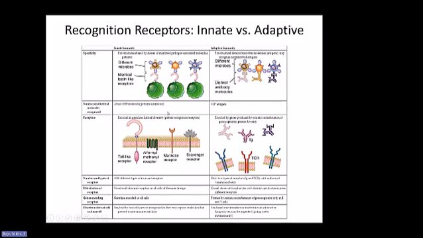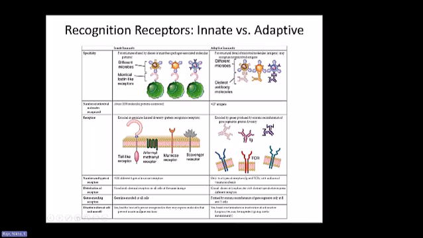So there is a limited number of molecules that can be recognized by the innate immune system, molecular patterns or structures, compared to the antigens that can be recognized by the adaptive immune system. For the adaptive immune system, it's either the T cell receptor or the B cell receptor or antibodies that are used as the receptors, whereas we'll go into the details of the different types of receptors of the innate immune system.